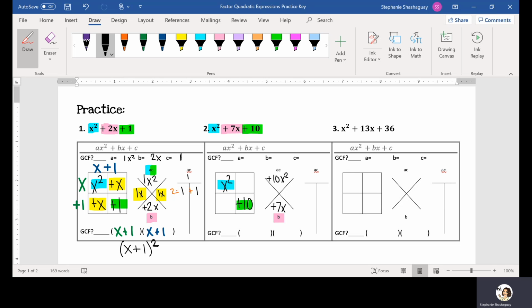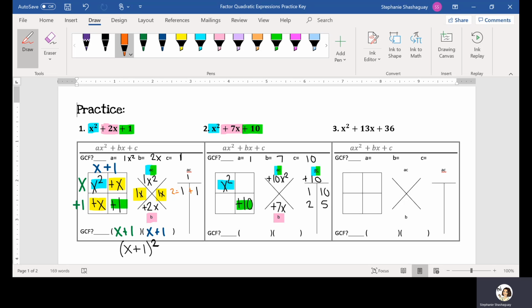Okay, so if you want to, you can still list your A, your B, and your C up above. Okay, my A times my C, I did right here, and I'm going to use that number as well to make my factor T-chart. So I'm looking for factors of positive 10 that are going to add together to give me 7. So I have 1 and 10, or 2 and 5.